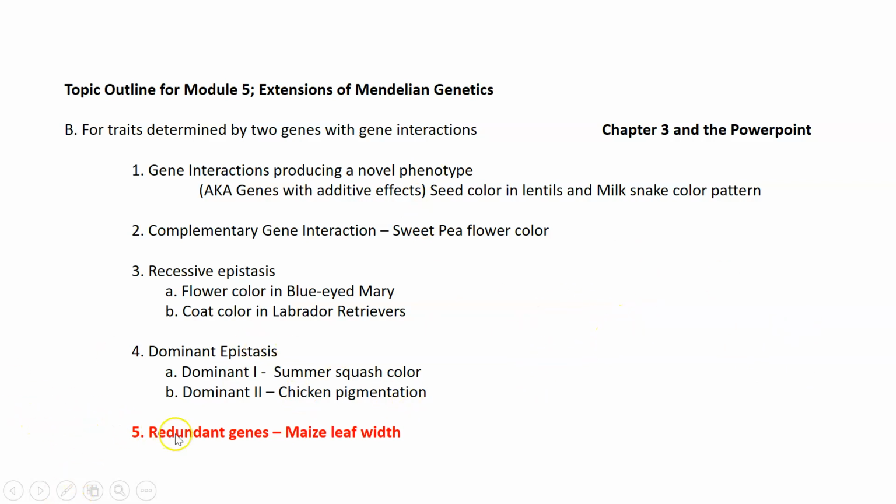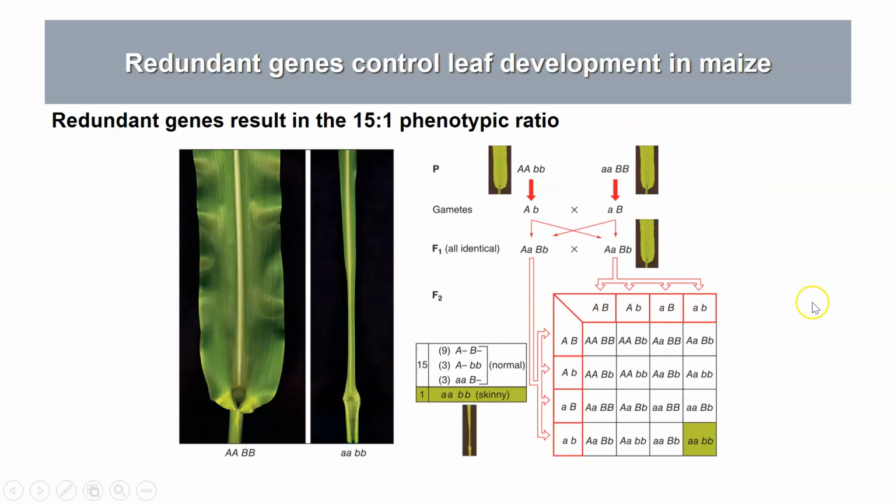The last example of genes interacting in production of a phenotype that alters the Mendelian ratio is seen for redundant genes in corn or maize. And this slide shows in maize there are two genes, the A gene and the B gene.